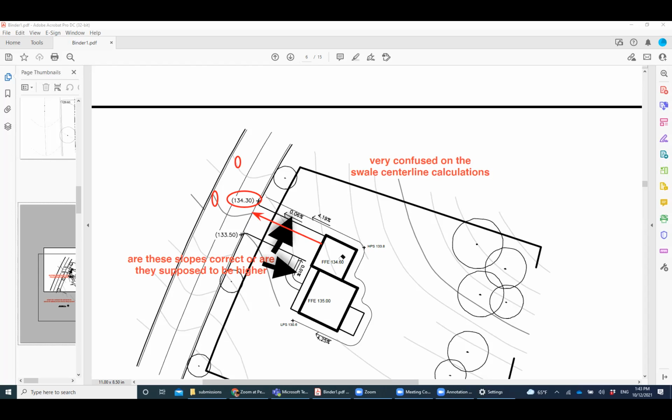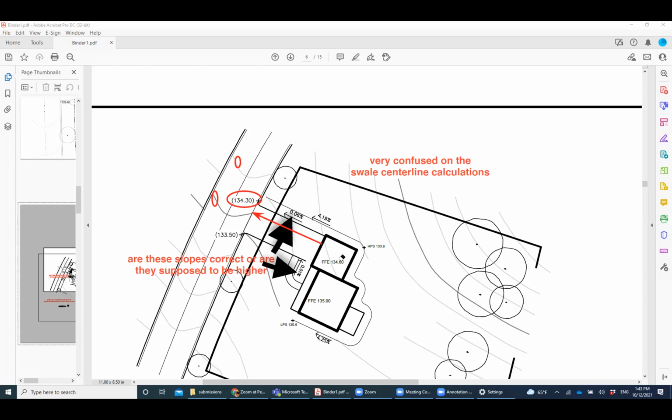There is a slight possibility with your FFE equal to 134.60, you might be violating the 10% rule, but only a slight chance that that's the case.